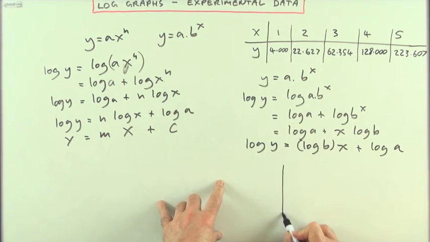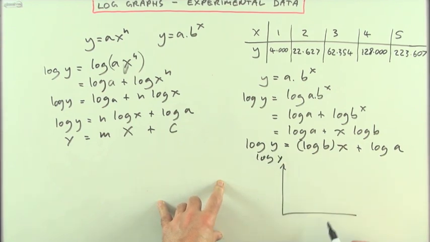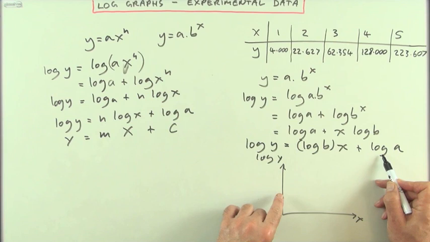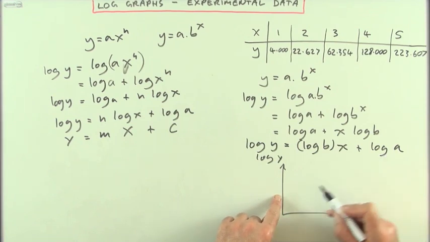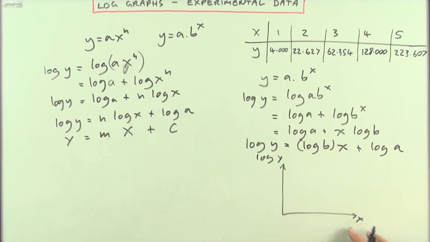But if I was to draw the graph of this, it'd only be linear if I drew log 10 y against just x. Then it would be a straight line, where the intercept would be log 10 a and the gradient would be log 10 b, from which you get the base of the power. If I was to draw that instead against the log of x instead of just x, well, the log of x is going to compress it, so instead of being a straight line, it's not linear.